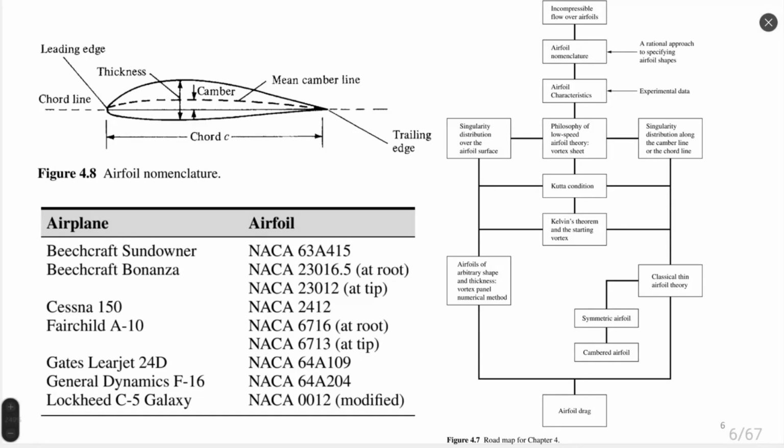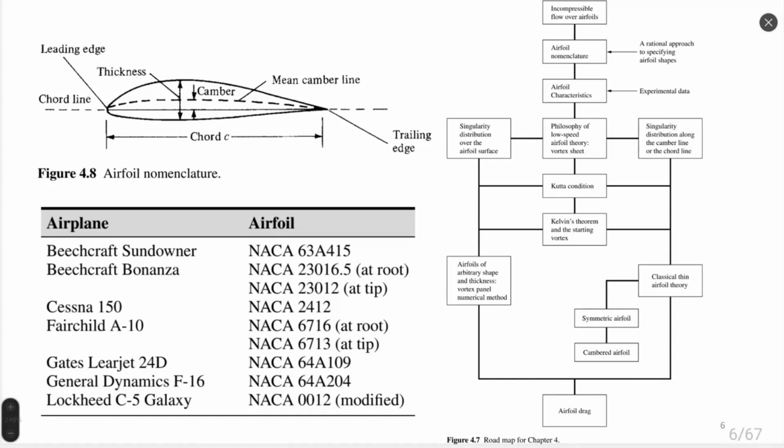Okay. For a 4-digit airfoil, you already know that the numbers describe two parameters: the curvature or position of the camber line, the first two digits, and the thickness of the airfoil, the last digits.